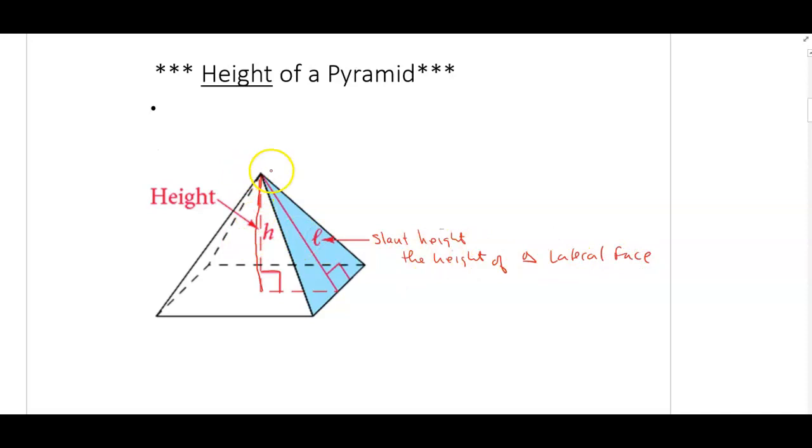And that's important to know because this is the slant. The slant height is what we need to know in order to find the surface area of this pyramid. So you have to know the difference between the height and the slant height.